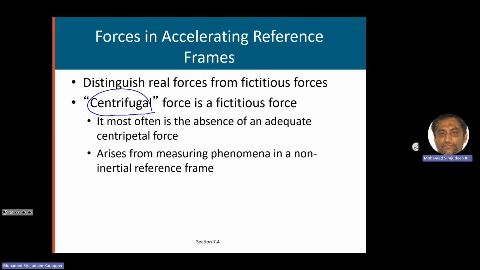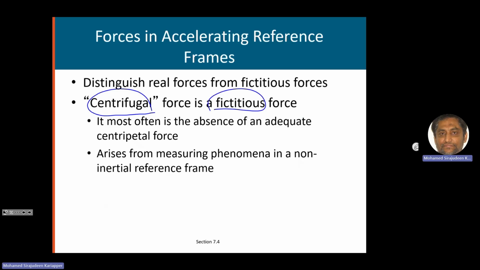You will try to escape from that circular path because of inertia. This is just an effect of inertia. You will go tangential to that circular path. It will feel like you are being pushed away, but there is no pushing, there is no such force. So we call it a fictitious force. It's not a real force.